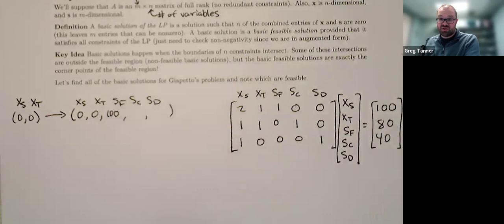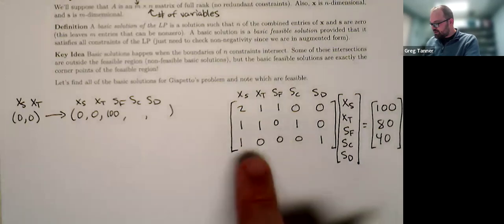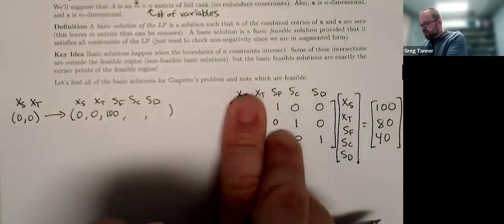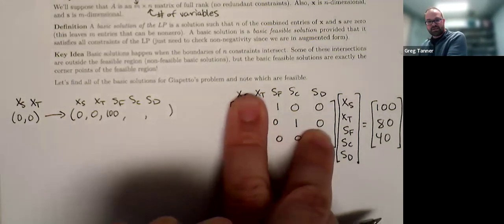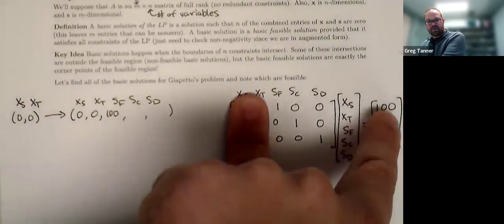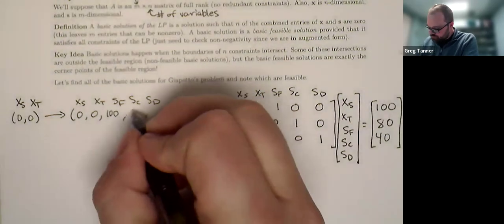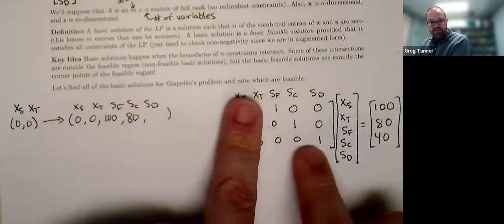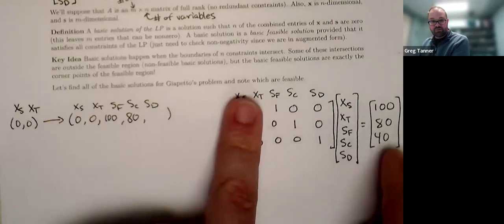If I make no soldiers and trains, I've got 100 hours of finishing slack because I haven't made anything, and I had 100 hours of finishing labor to begin with. Similarly, if I hide these two columns and look at the next row, it just says sc equals 80. And the last row just says sd equals 40.